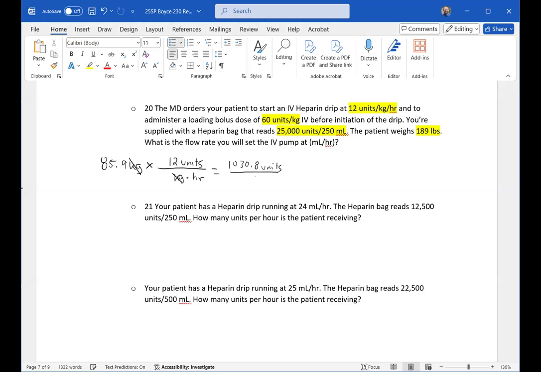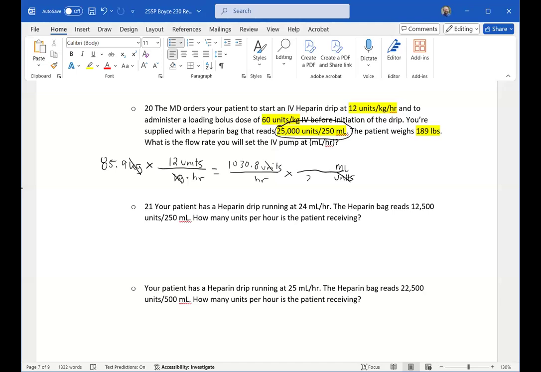And then this is going to look familiar, right? I don't want units per hour, I want milliliters per hour. So the question I'm asking myself is, how do I go from units, get rid of those, to milliliters? I'm going to do so by looking at what I have available. What do I have available? 25,000 units, 250 ml.